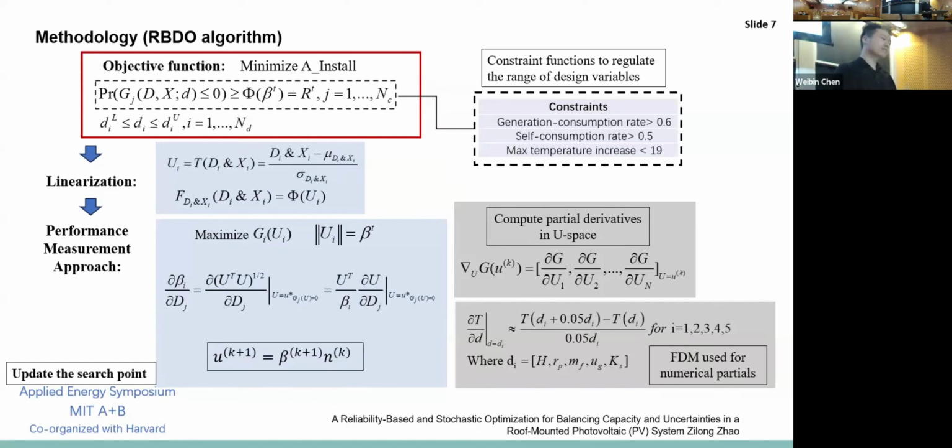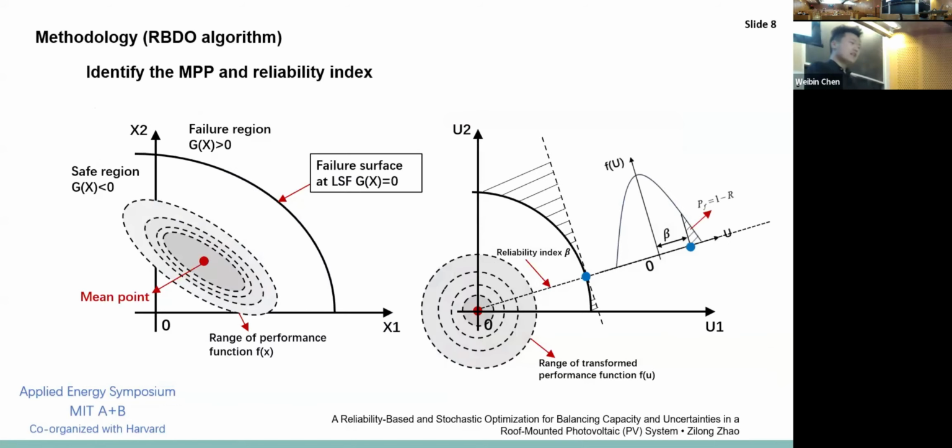This is like a sensitivity analysis to search for the next searching direction, giving you the best direction for the next step. To compute the partial derivatives in U space, we typically use the finite difference method for calculating numerical partials. In this case, there are 5 variables in total.